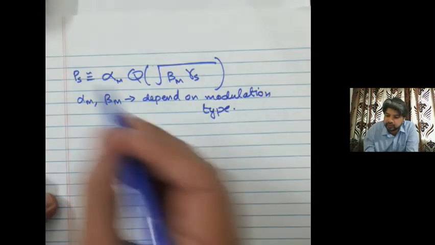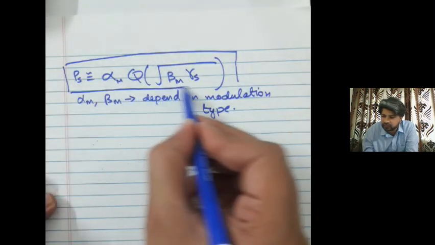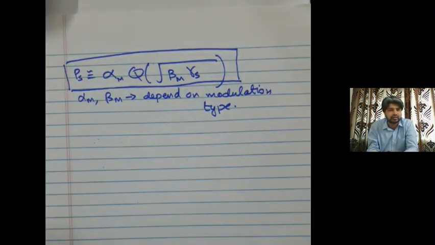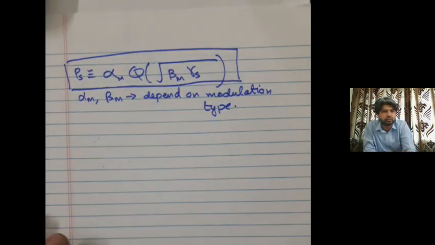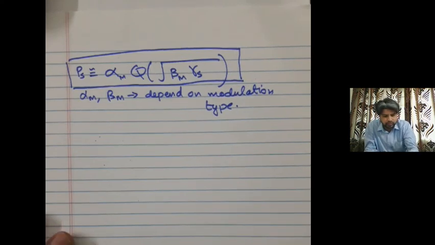But you can take this symbol error probability to do the generic analysis. For example, if you want to carry out a generic analysis, you can assume that your symbol error probability is alpha m Q function of root beta m gamma s. From that you can carry out the generic analysis.